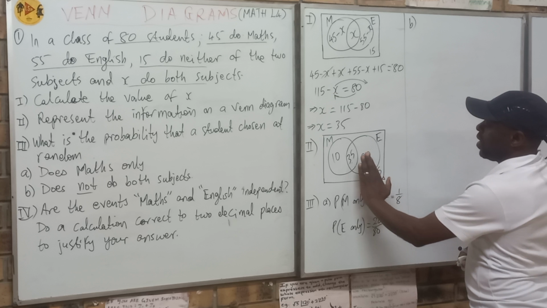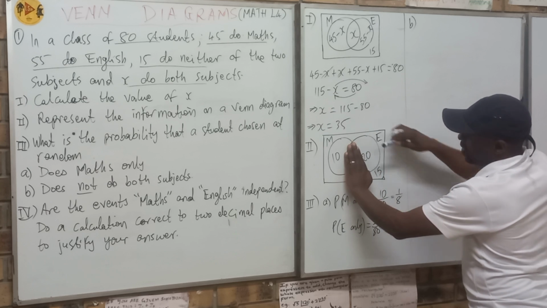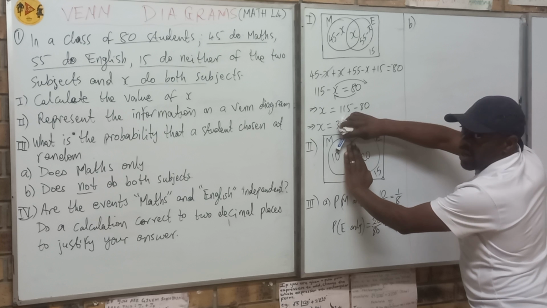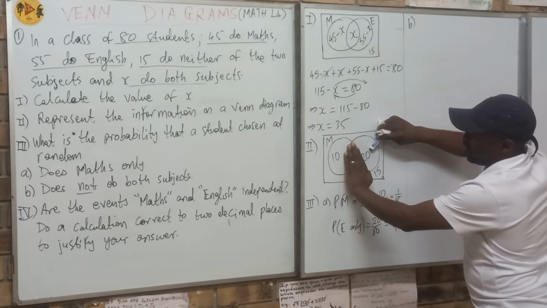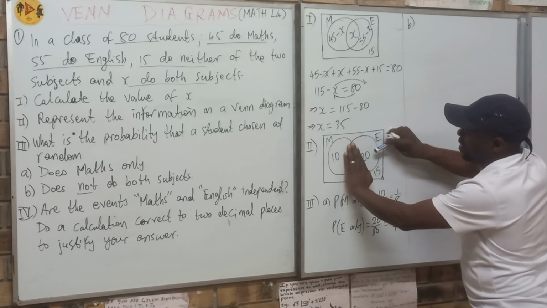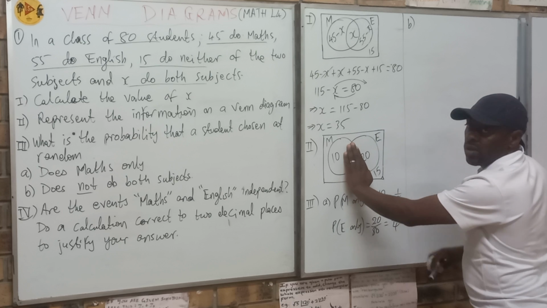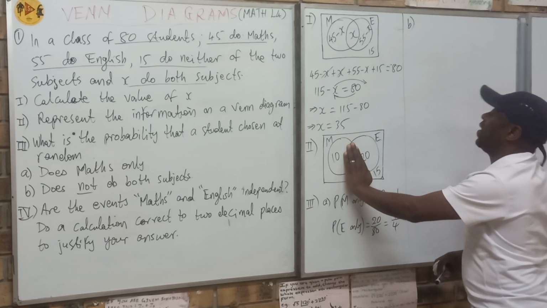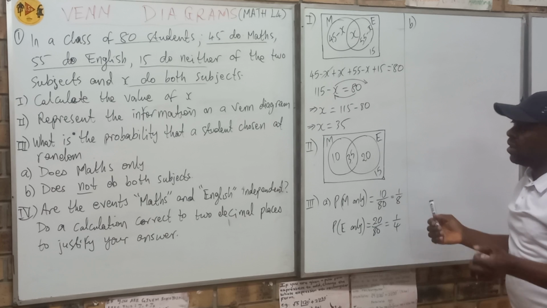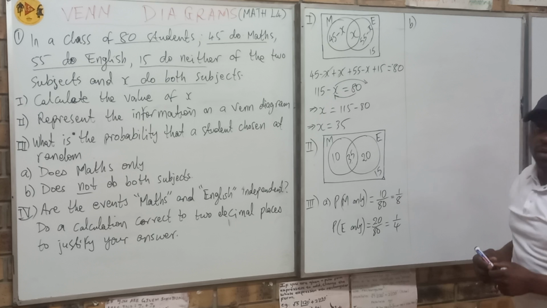I can just go here and close the portion for both subjects. If I close it, you will then see those who are not doing both subjects. There are 10 doing mathematics only, 20 doing English only, and 15 doing none of the two subjects. So 10 plus 20 is 30, 30 plus 15 is 45. So that's how I can see the probability of those who do not do both subjects.